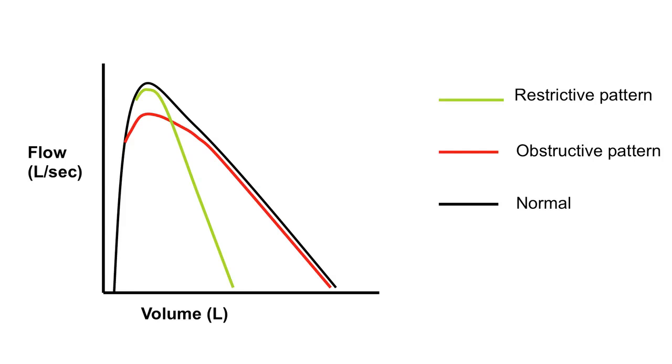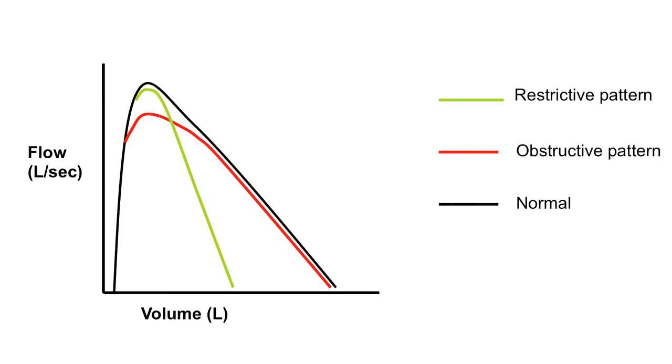The appearance becomes scalloped as small airway obstruction becomes more severe. There is a decreased FEV1, that is the forced expiratory volume in 1 second, and the FEV1 over FVC is generally less than 80%. The total lung capacity is normal or increased.